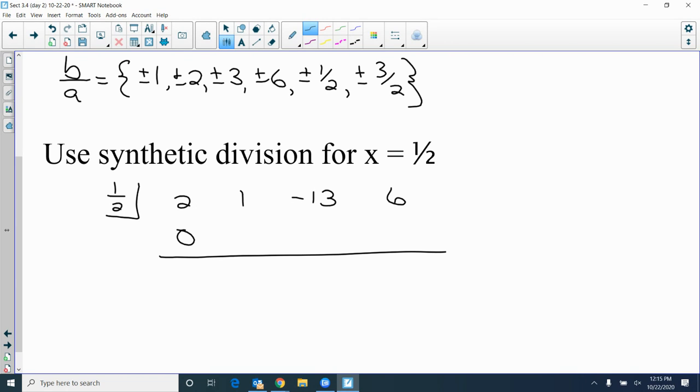All right, so add 2 plus 0 is 2. 2 times 1/2 is 1. Add those together, you get 2. 2 times 1/2 is 1. Negative 12 times 1/2, negative 6, 0.